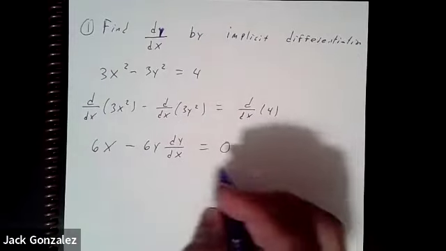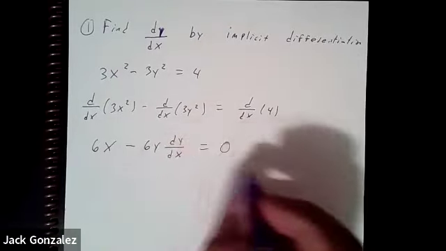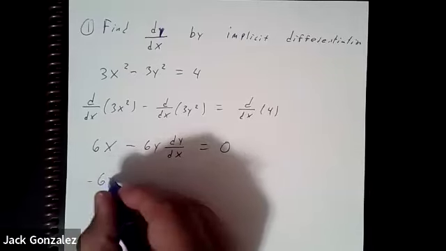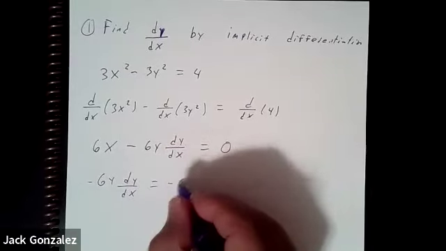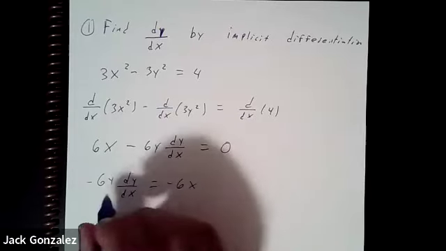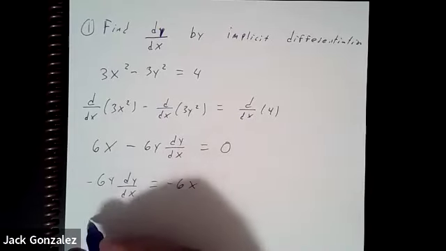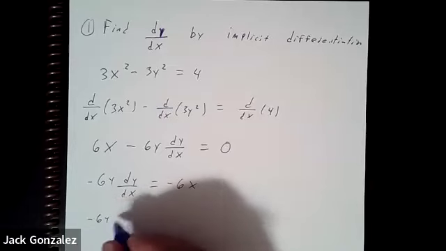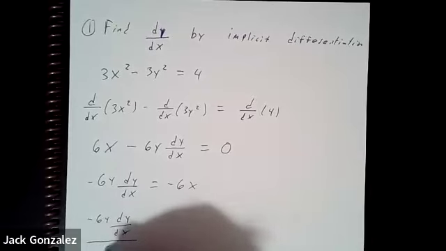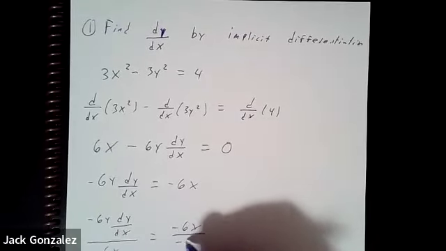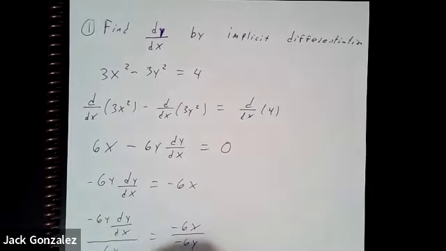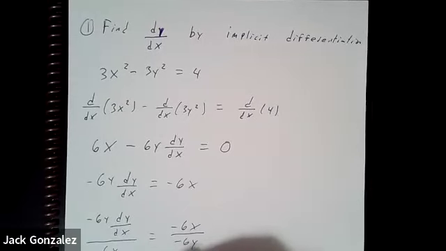I'm going to subtract these 6x over there to get the dy by itself, and divide both sides by negative 6y in the next step. So now I have dy dx equal to x over y.